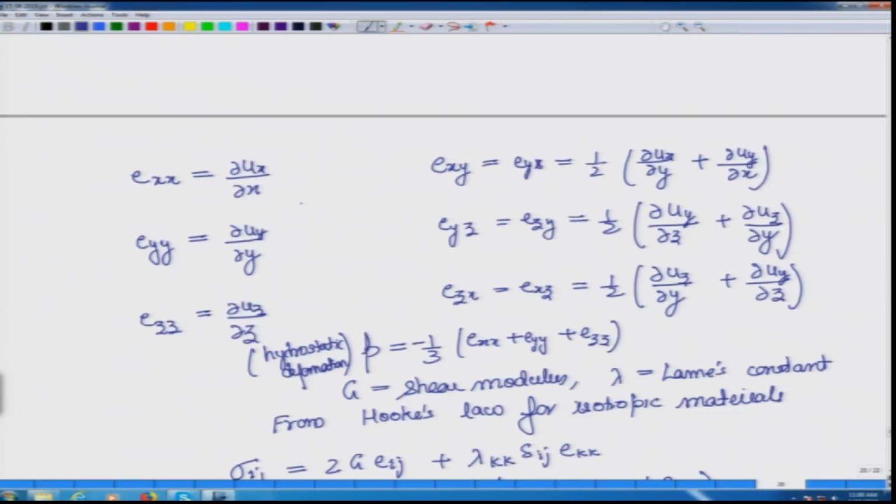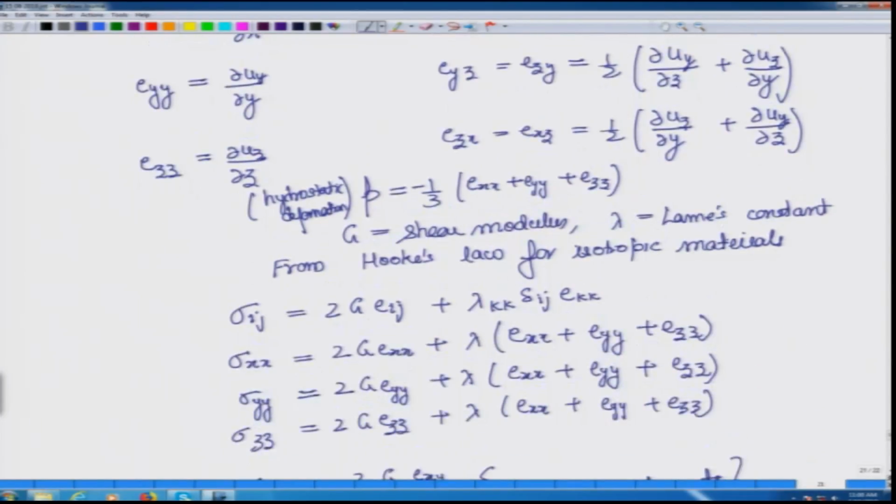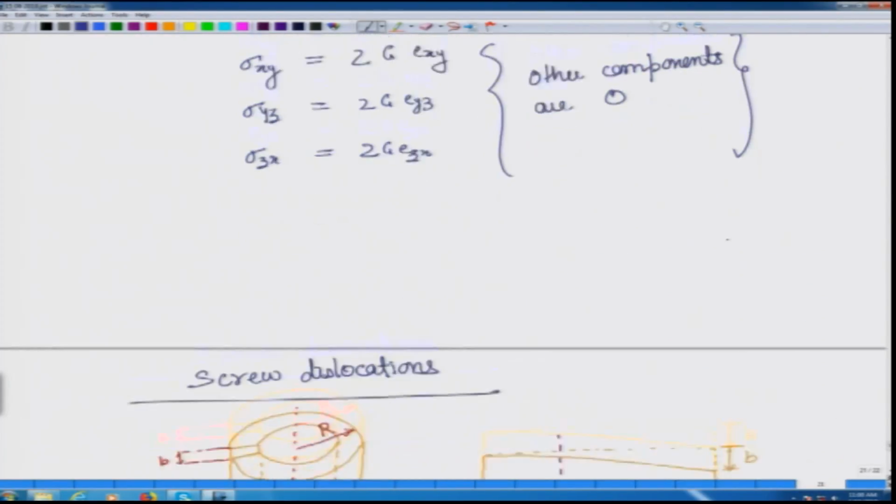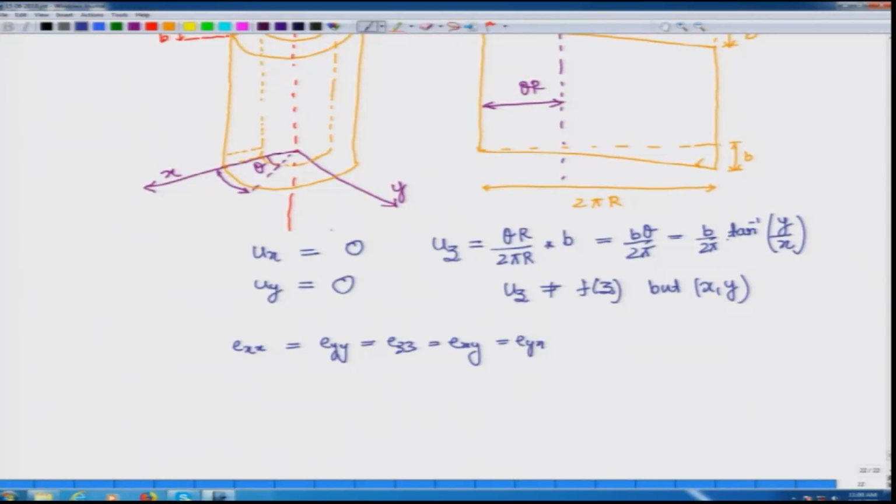So, all these will turn out to be 0. Similarly, when we go to x y, we have del u x by del y plus del u y by del x, and E y z. Everything else, which is E x x, E y y, E z z, E x y and E y x, turns out to be 0.